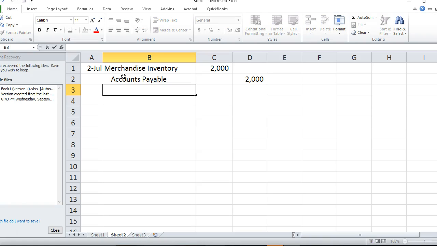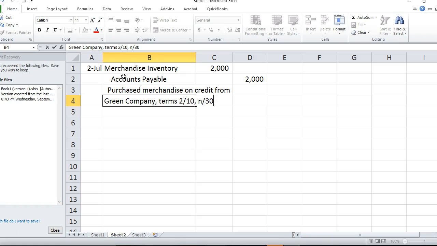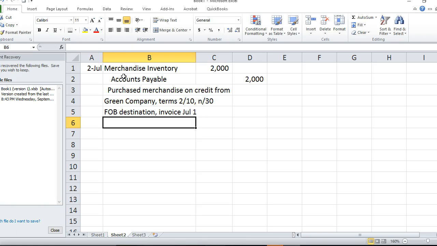Now this explanation is we purchased merchandise on credit from Green Company, terms 2/10, net 30, FOB destination, invoice July 1st. Okay? Any questions there?